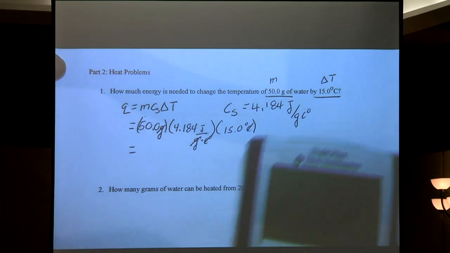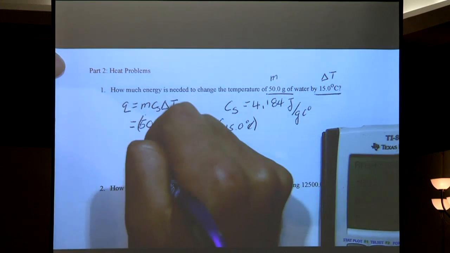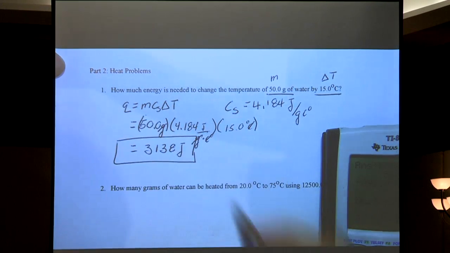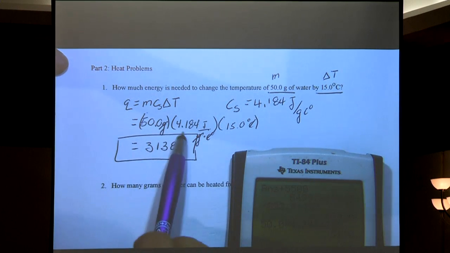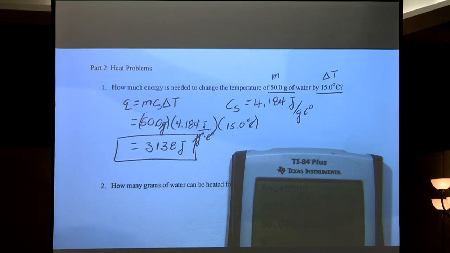Joules. Cool. Then on my calculator, 50 times 4.184 times 15. I get my amount of energy required to change 50 grams of water 15 degrees Celsius.